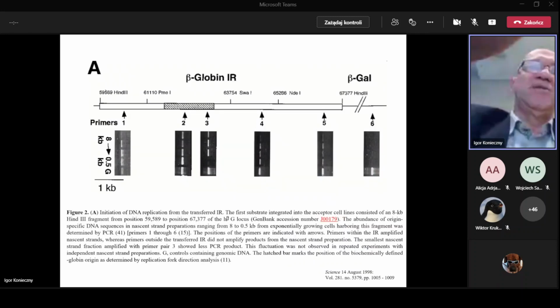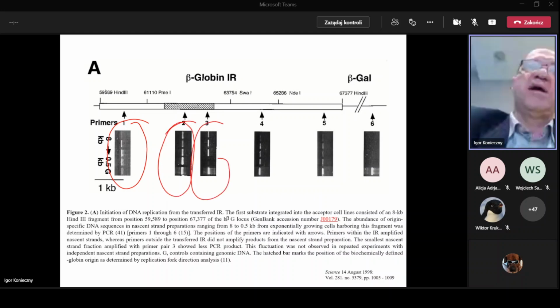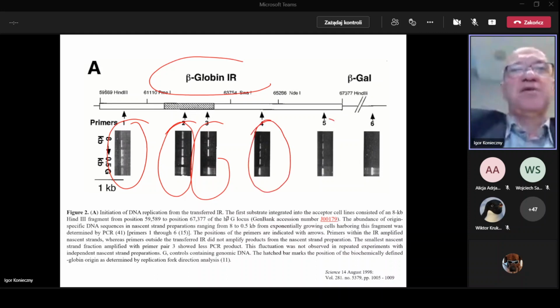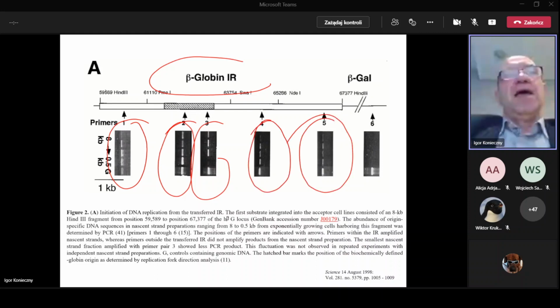This was done by PCR, and it was identified that replication was conducted within the beta globin gene, and this is the PCR testing of this experiment. So that tells us that also in humans we have particular sites which serve as the beginning of replication synthesis, so actually replication origins.